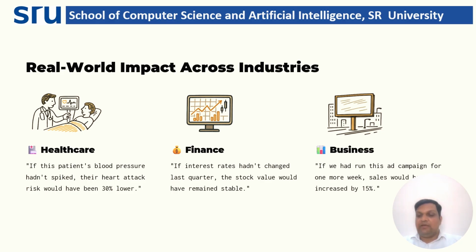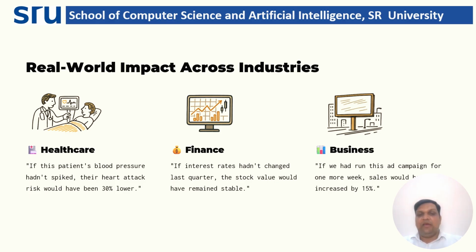Real-world impact across industries. Healthcare: if this patient's blood pressure hadn't spiked, their heart attack risk would have been 30% lower. Finance: if the interest rate had not changed last quarter, the stock value would have remained stable.